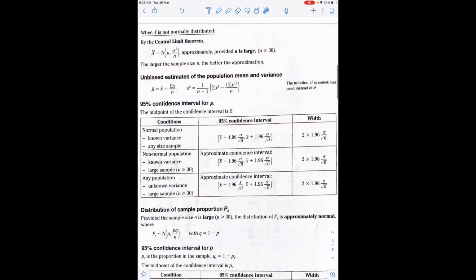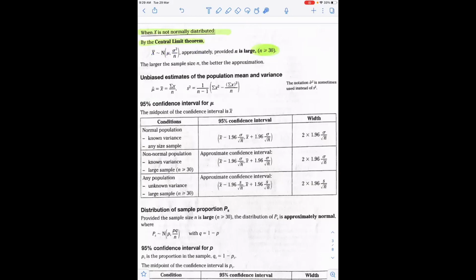If X is not normally distributed, then you apply the central limit theorem. What does the central limit theorem tell us? It tells us that when the sample size is large, in this book they are saying greater than or equal to 30, in the other book it's greater than or equal to 50, but I think greater than or equal to 30 is a valid number, then you can approximate any distribution, either Poisson, binomial, whatever, to be a normal distribution.